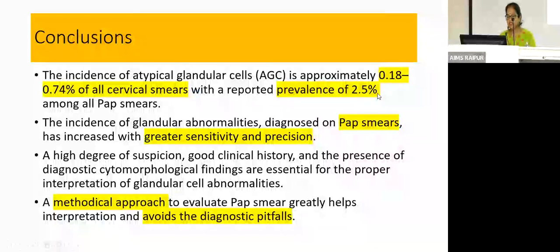A high degree of suspicion, good clinical history, and presence of diagnostic cytomorphological findings are essential for proper interpretation of glandular cell abnormalities. And one must follow a methodical approach to evaluate pap smears so that you can avoid the diagnostic pitfalls. So that's it.